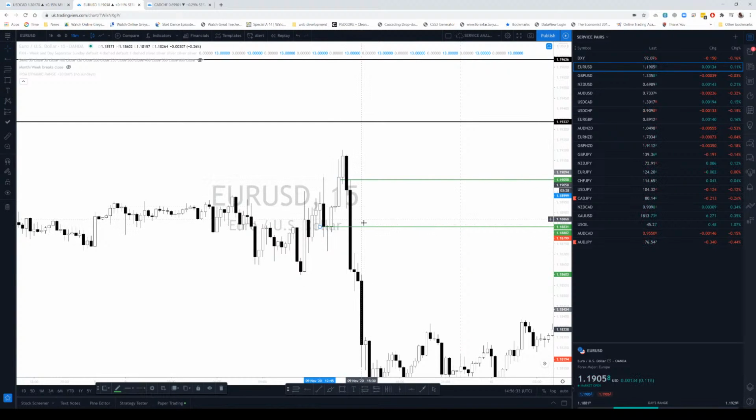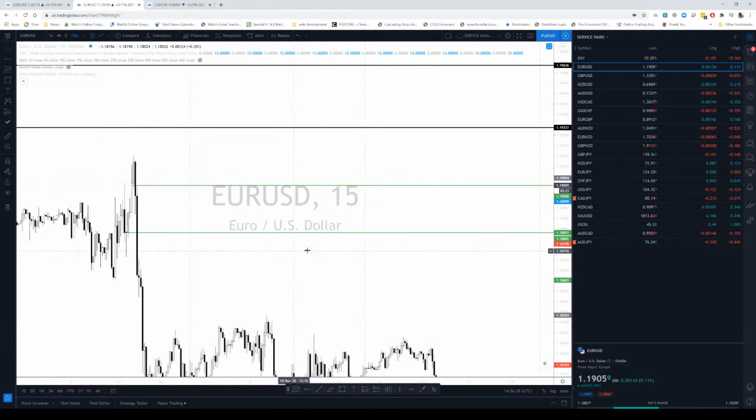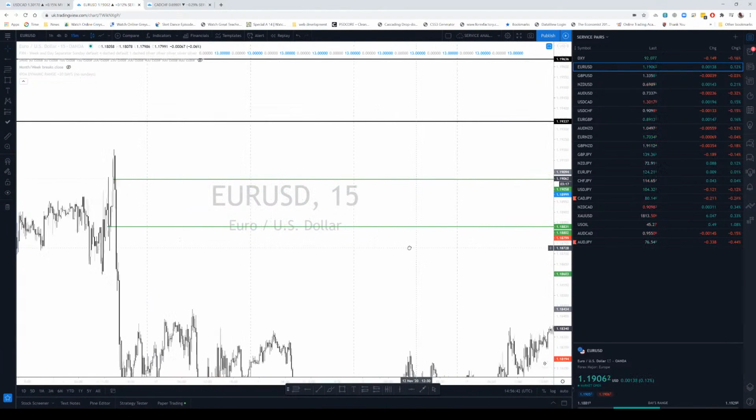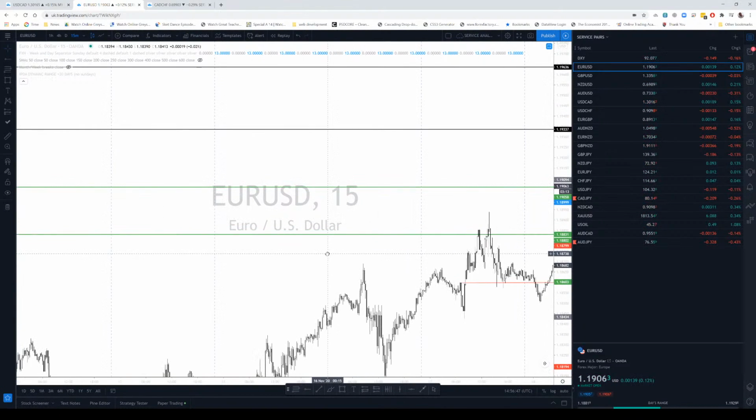So you have two areas of high probability sell. If you go back in time, I want you to see how price traded in these two areas. That is the first touch to the breaker, and then price sold off.